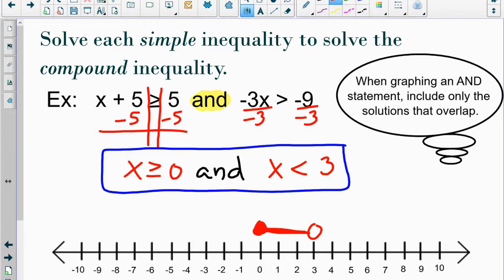So those are the only numbers that would be values for x that would solve this compound inequality. Basically, it's the numbers between 0 and 3, but we also include 0 as a solution because that circle was filled in. 3 is not included in the solutions because it was not filled in.